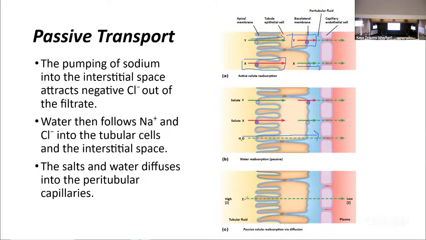And in general, we can have other substances potentially following this same kind of pathway. You can see water getting reabsorbed kind of near the side here. So this is indicating a little bit of paracellular transport, but we could conceptually move all the way across the cell as well.